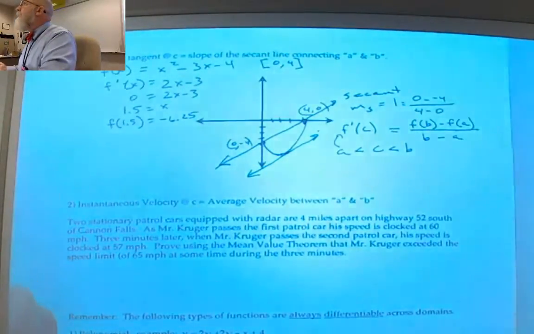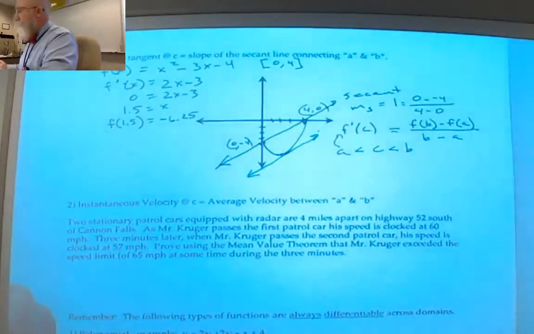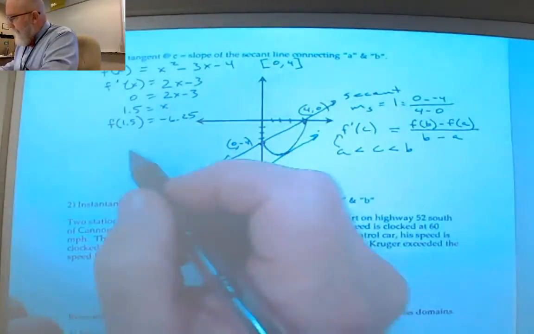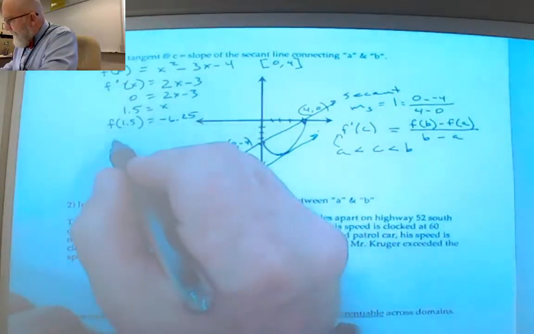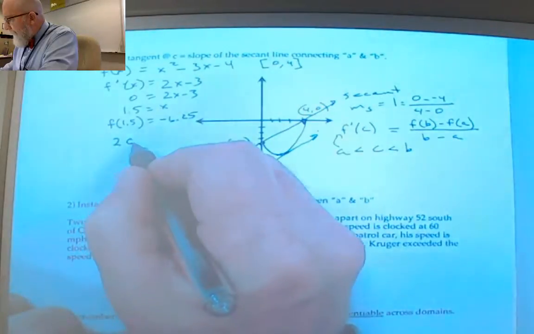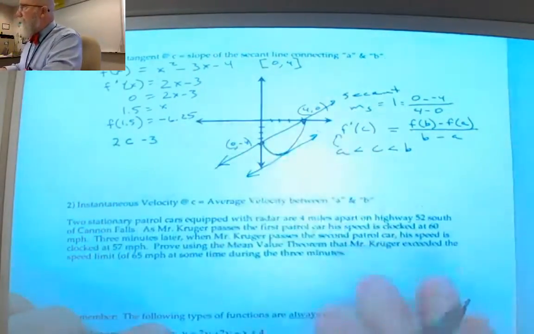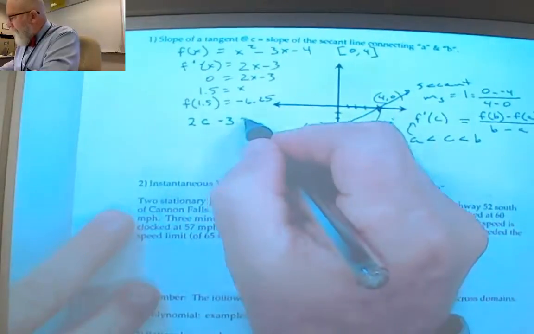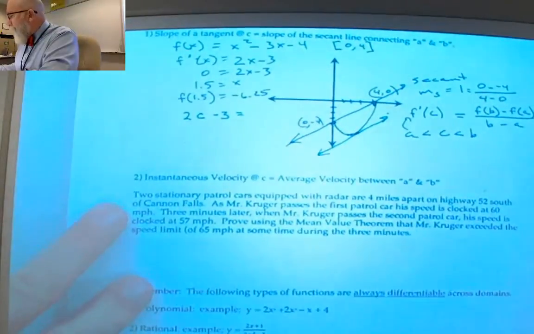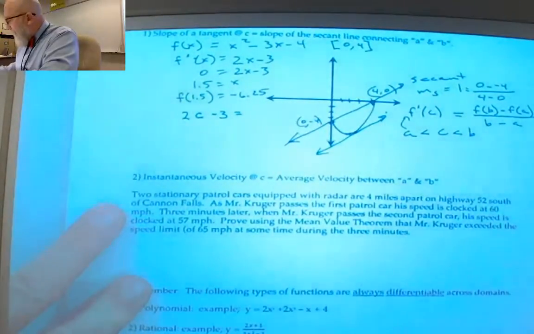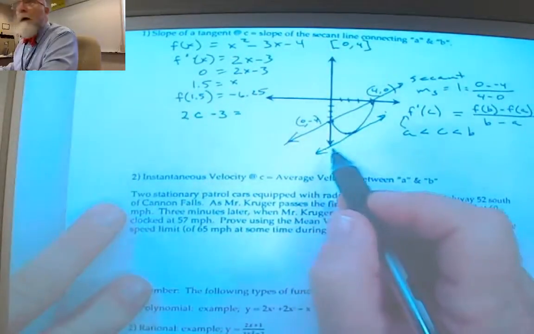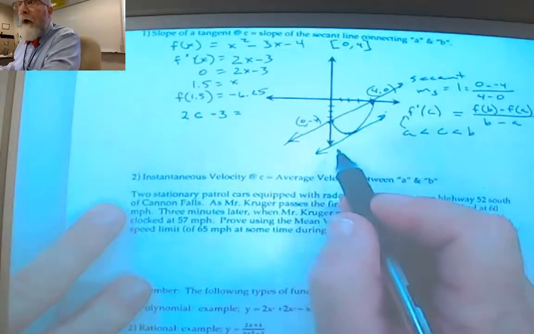Say it again. I set the derivative. Can I call it c instead of x? Because I'm going to be solving for c, right? And I'm going to make it equal to what, though? What slope do I want that to be? I want it to be 1, don't I?